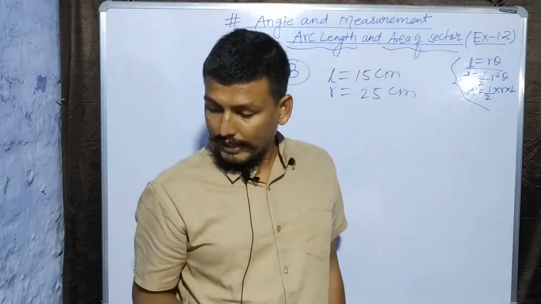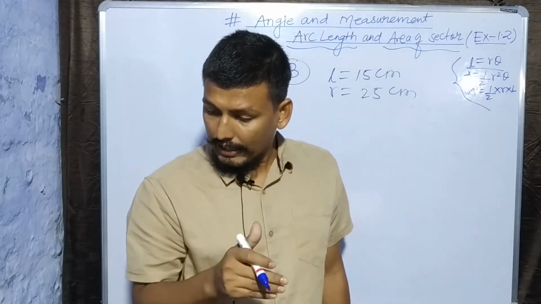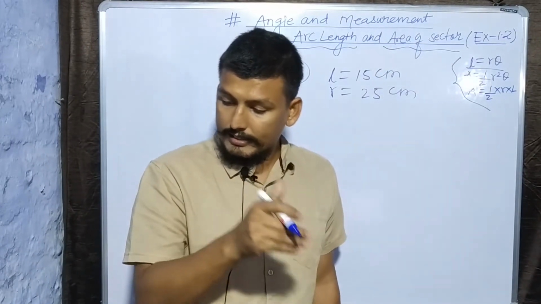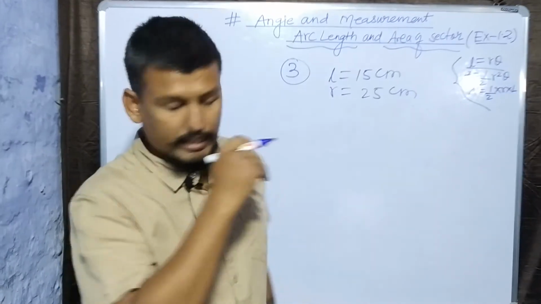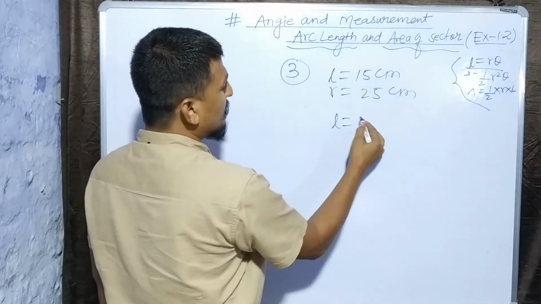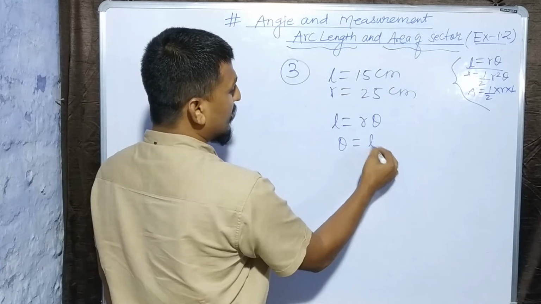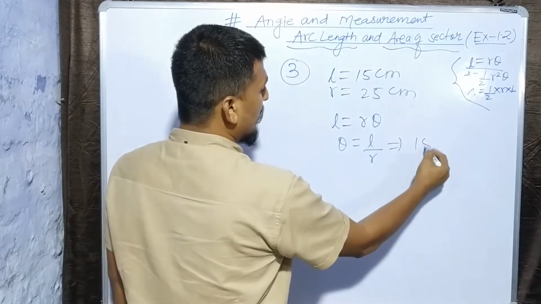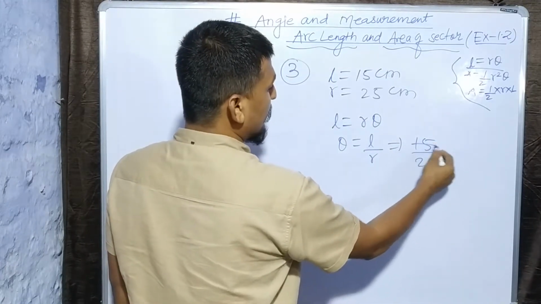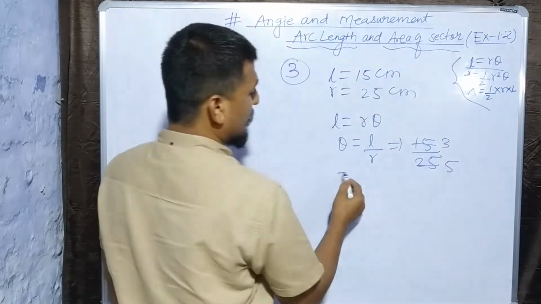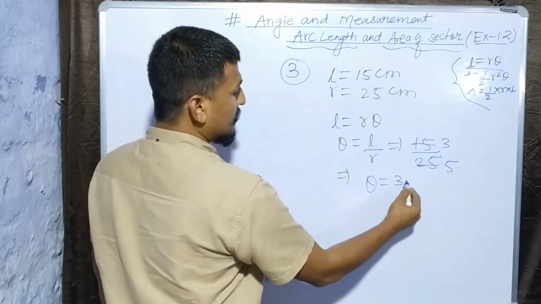You have to find the angle in degree subtended at the center. So L is equal to r theta. Theta will become L by r. This becomes 15 by 25. 5 into 3, 5 into 5. So theta is equal to 3 by 5.